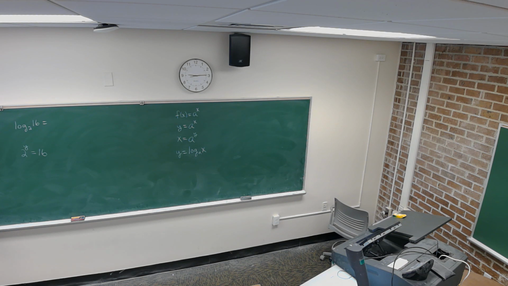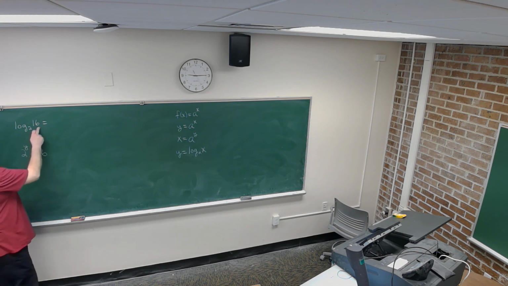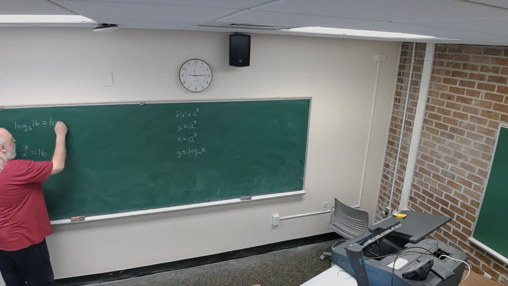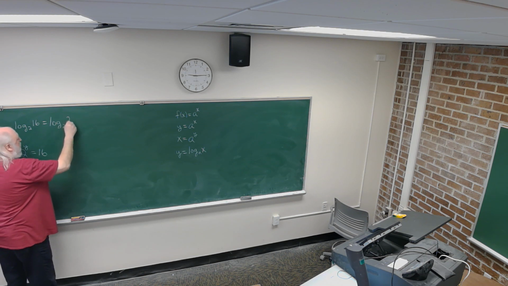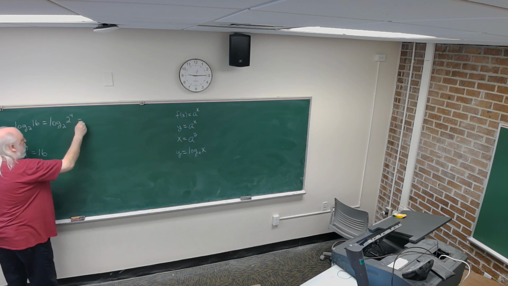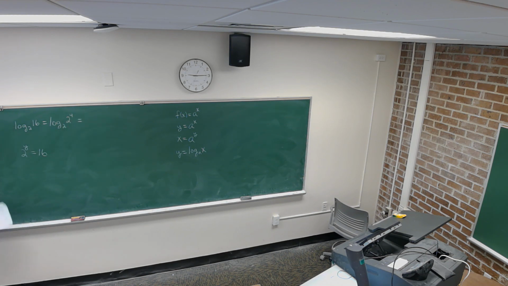The question is, 2 raised to what value of y is equal to 16? But we're going to use properties of logarithms to demonstrate them. And 16 can be written as 2 to the 4th power. Right? 2 to the 4th power is equal to 16.